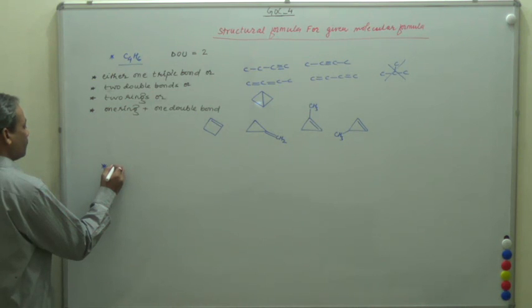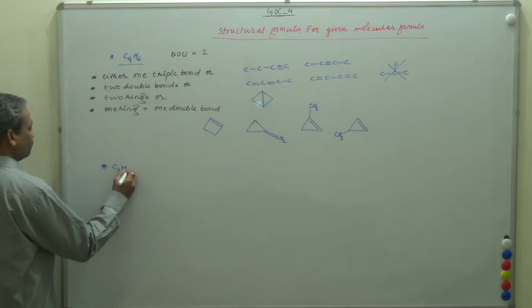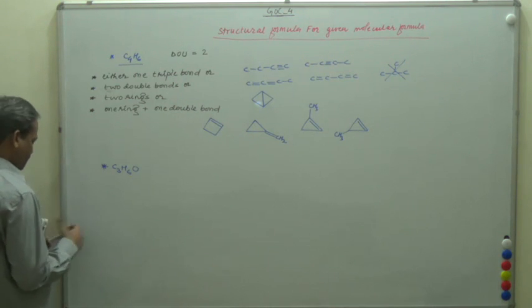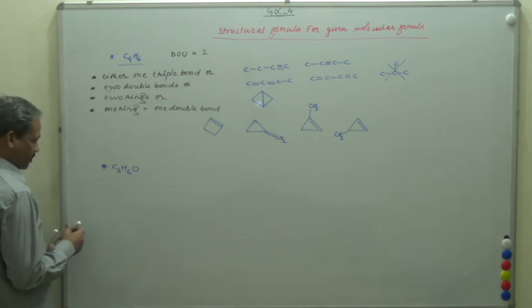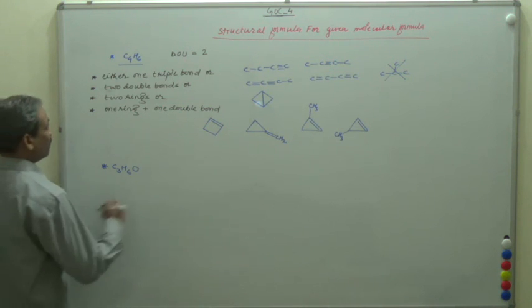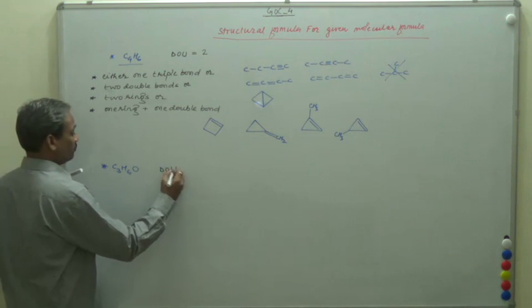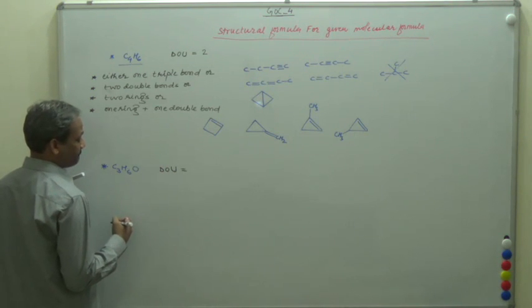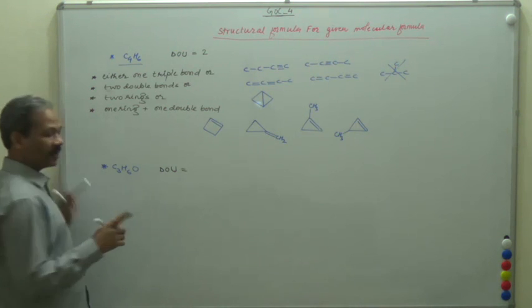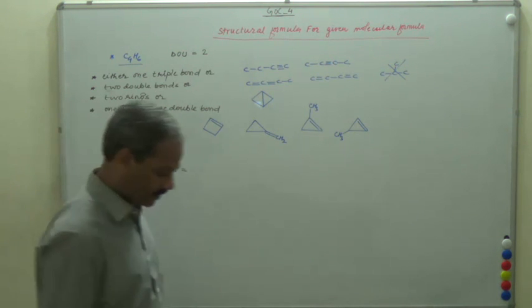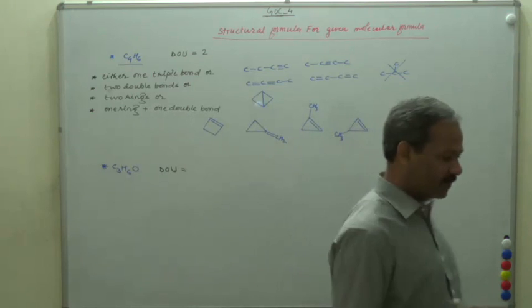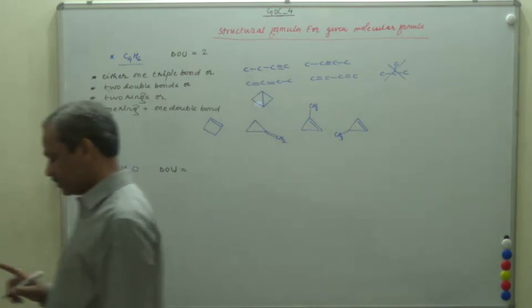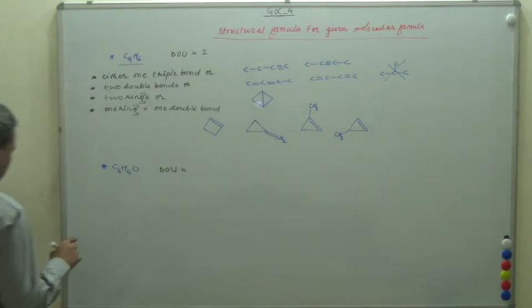Suppose we have C3H6O. So the degree of unsaturation in this compound is, the corresponding hydrocarbon is C3H6, and an alkane of 3 carbon atoms will contain 8 hydrogen atoms. So the difference of hydrogen atoms is 8 minus 6.